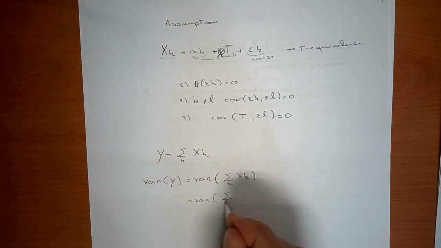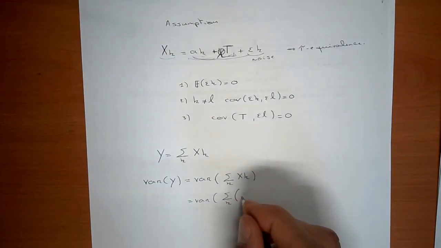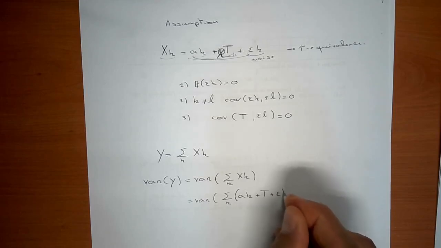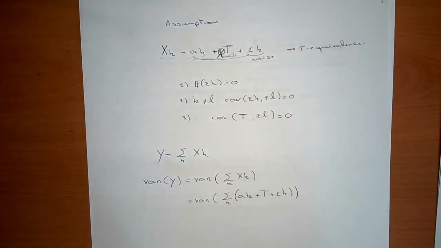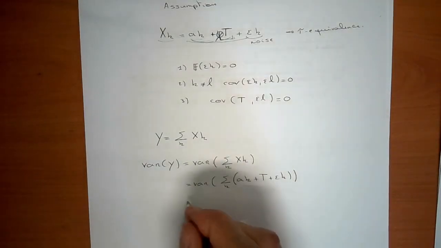Now, given our model, this is the variance of the sum over all a_k plus T plus epsilon_k. You have a sum of a couple of terms, and you can decompose this.